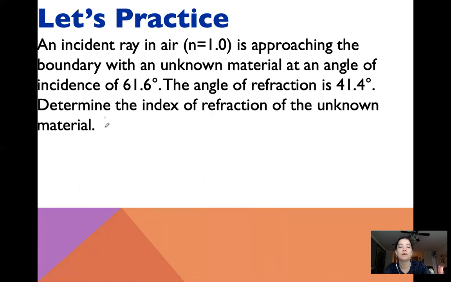Okay, great. So n1 is 1.0 because the ray is starting in air. My angle of incidence, theta 1, is 61.6 degrees. The angle of refraction, that's theta 2, is 41.4. And we want the index of refraction, so we want n2.